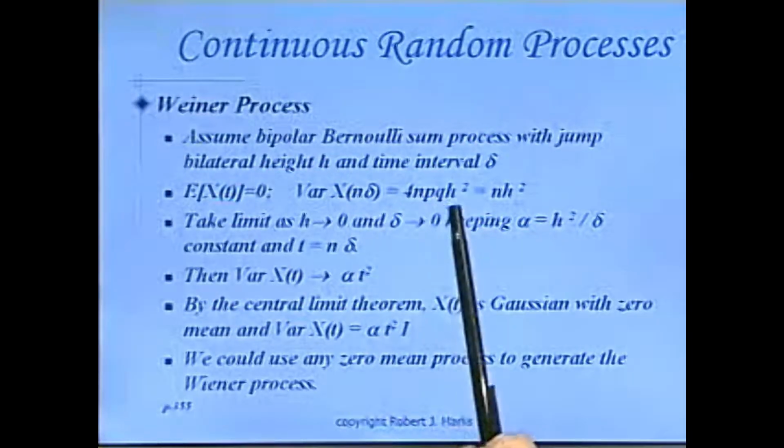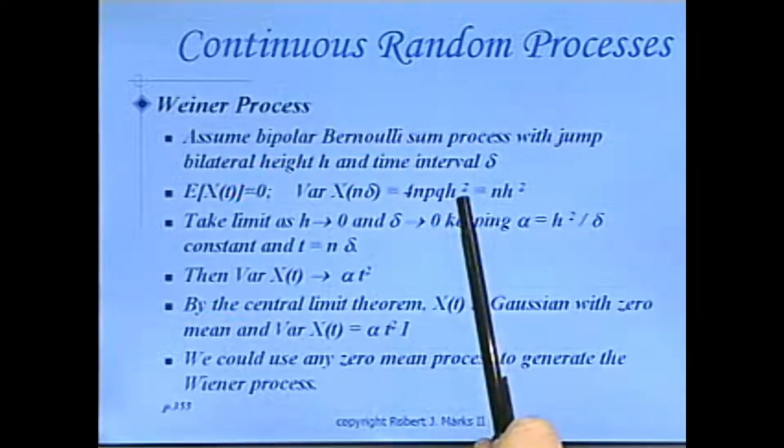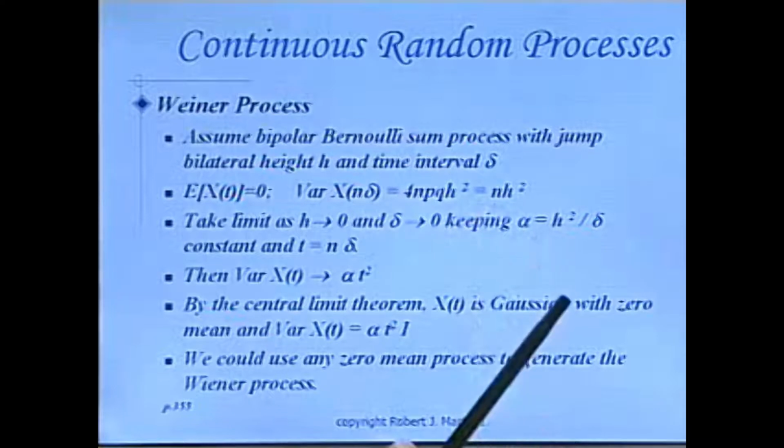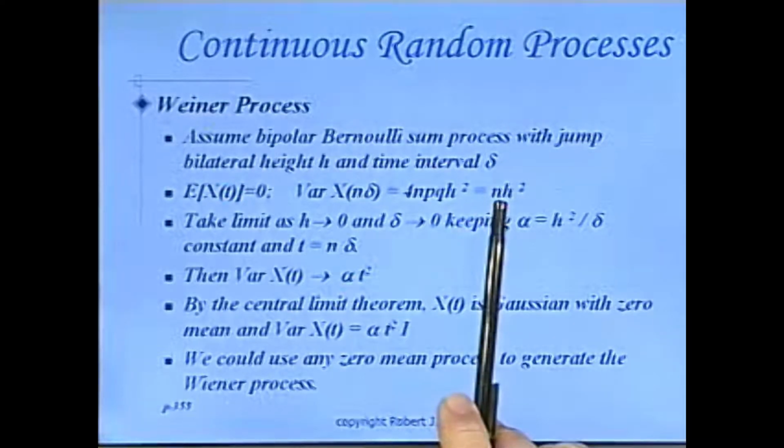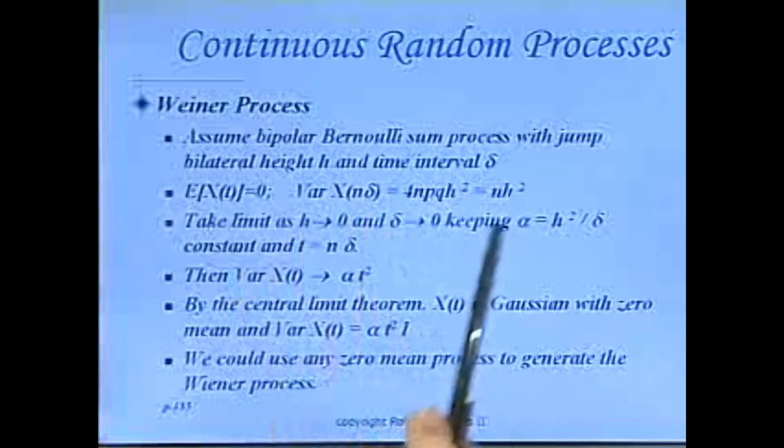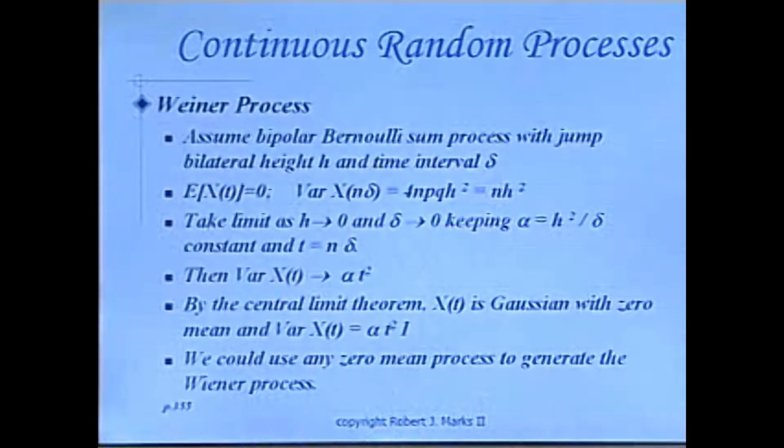It's 4 NPQ times h squared. The h squared, of course, is from the size of the step. So if we do a 50-50 coin flip, p and q are equal to 1/2, and this just becomes n times h squared. So this is the variance of the stochastic process. These are the second-order statistics. Now, that's the Bernoulli process.